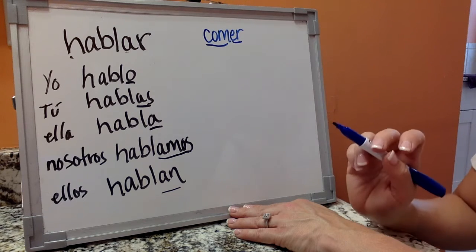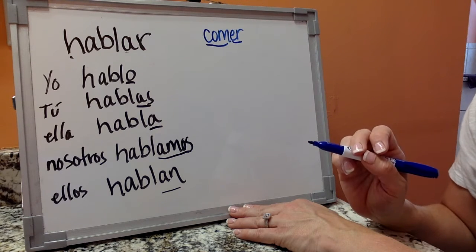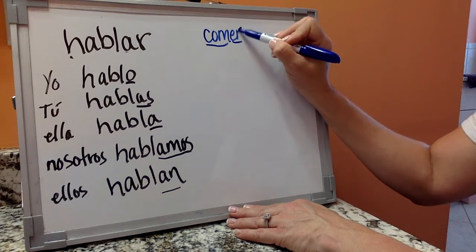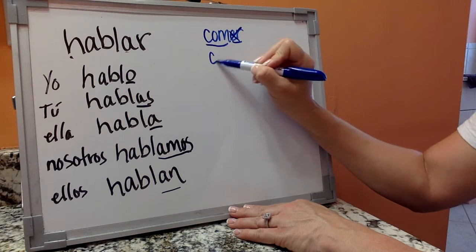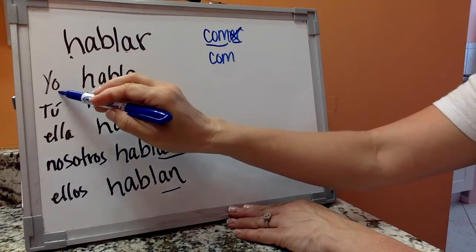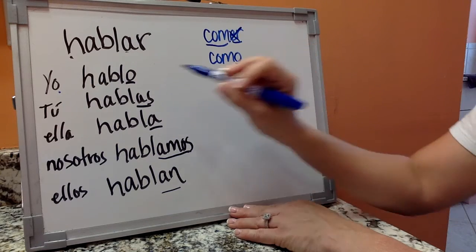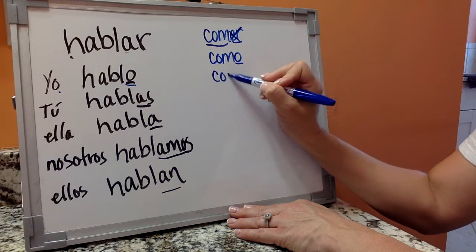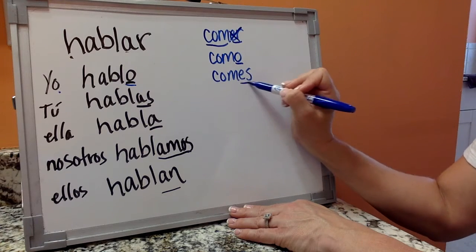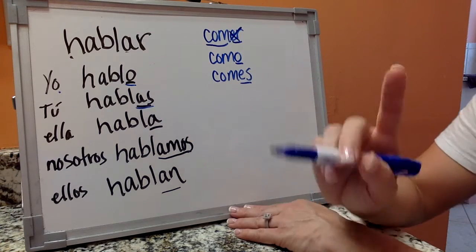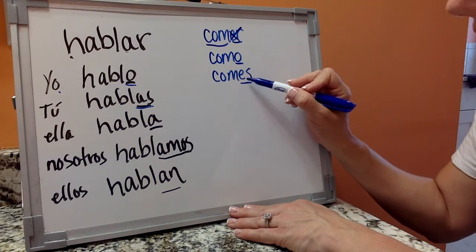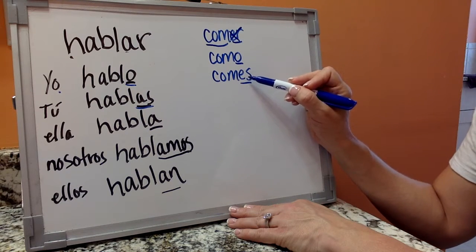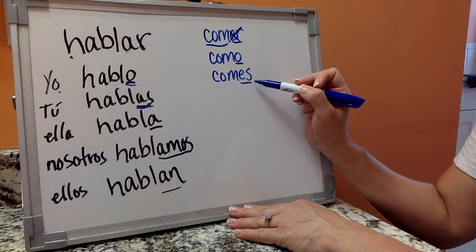So when you want to conjugate that verb and use it in a sentence, you're going to take off that ER and then you're left with your stem. Yo como. Notice the ending is the same, okay? Tú comes, okay? Now it's not exactly the same, but it's an ER verb, so instead of an AS, it's an ES.